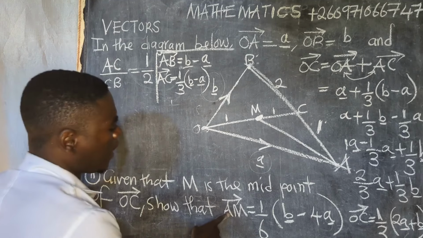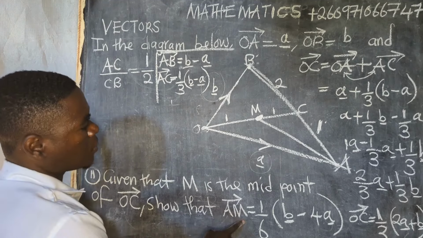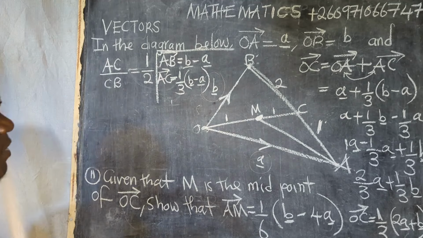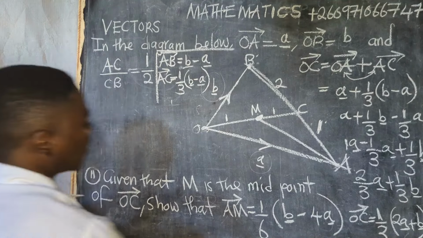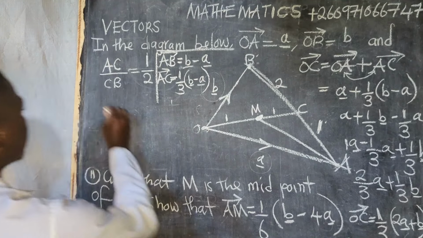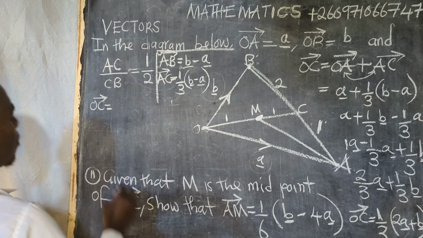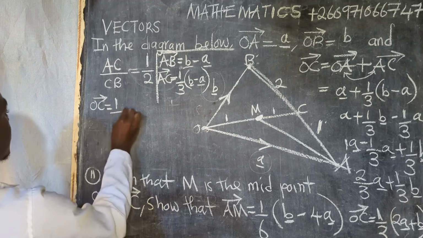Now what I'm going to do is show that AM is equal to this. So these questions where you are given the answer, it's just a matter of showing. They want you to show that AM is equal to that. How can you show that? So that answer, let me write it here. I know it can be used at some point. So you don't need to throw answers.